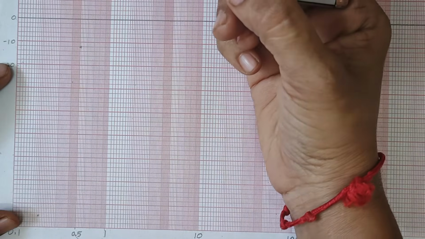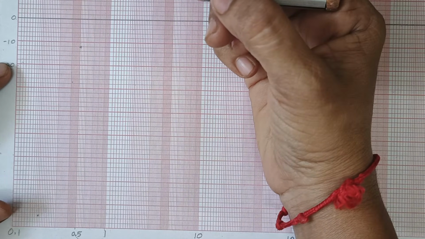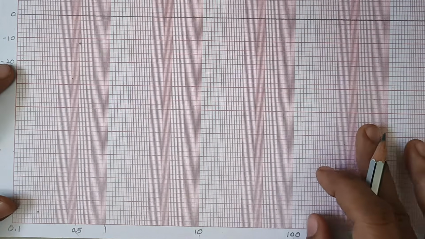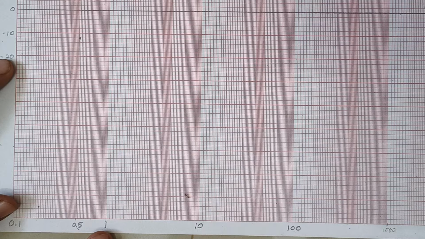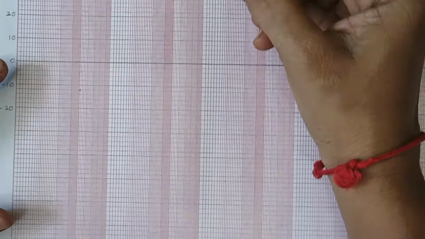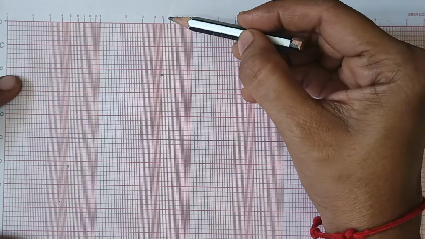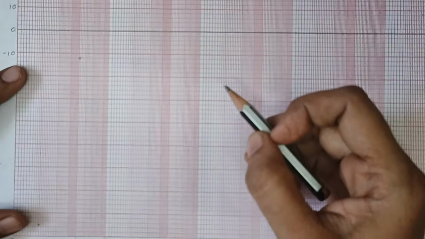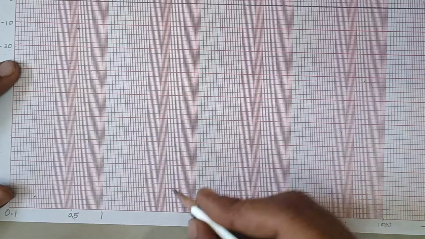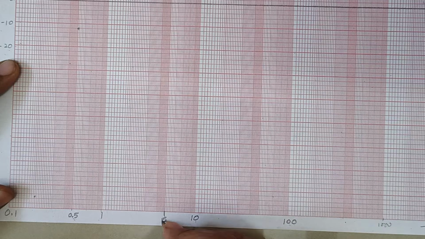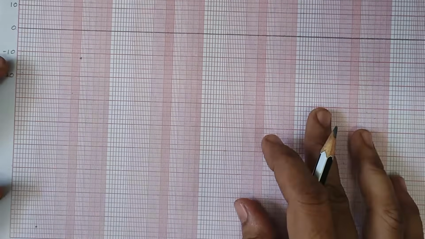Right. Then the next step is, for corner frequency 5, the magnitude is 28. Right. So this is your 1 here, but you need 5. So how to take 5? Again, when you look at the top, you see this is your 5. So just keep a scale and you can directly mark the value. So here you mark it as 5. At the 5, what is your maximum value?